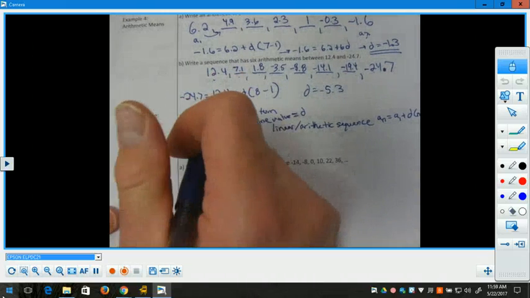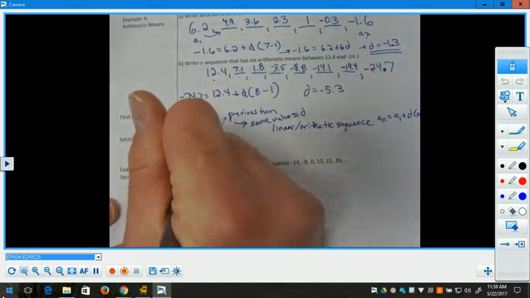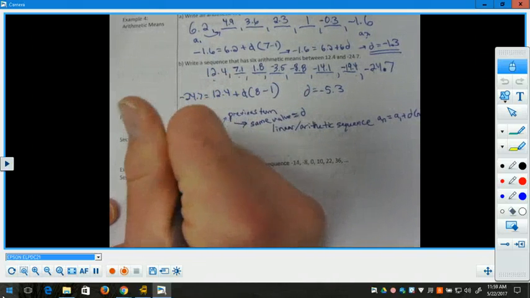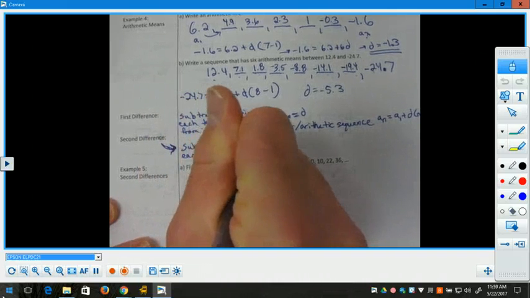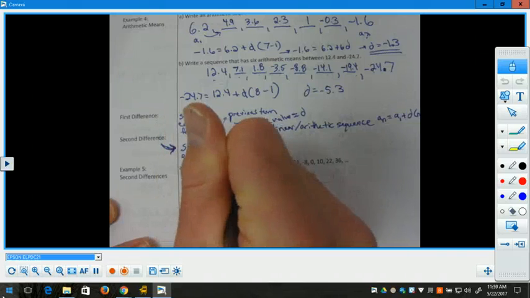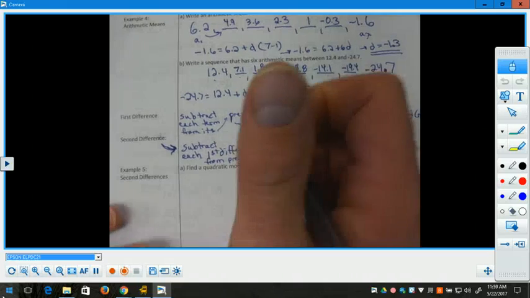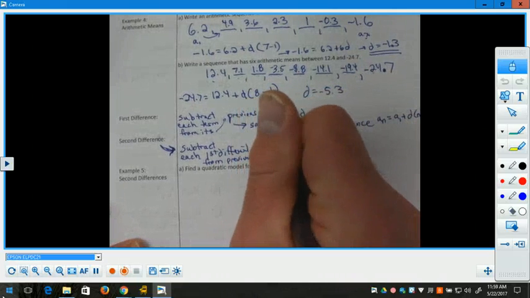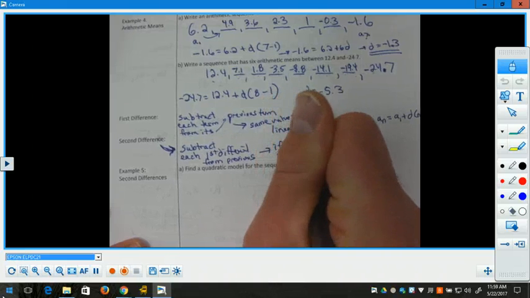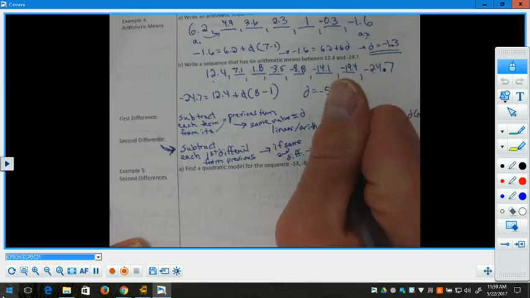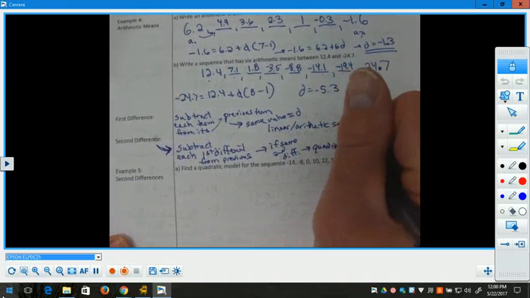So anyhow, here's where we subtract each first difference from the previous one. And what happens is, if we get the same number, then we have a quadratic.